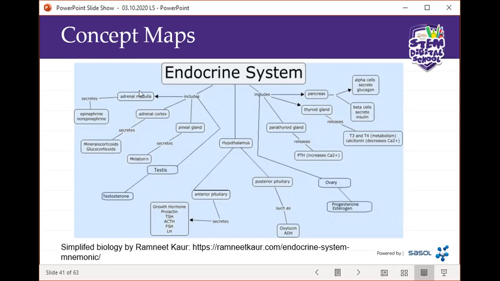It is good knowledge to know that the adrenal medulla secretes these particular hormones and the adrenal cortex secretes those, but we do not focus on the adrenal cortex. We do not look at the mineralocorticoids as well as the glucocorticoids in matric as yet. So you will just have to eliminate that from your concept map.